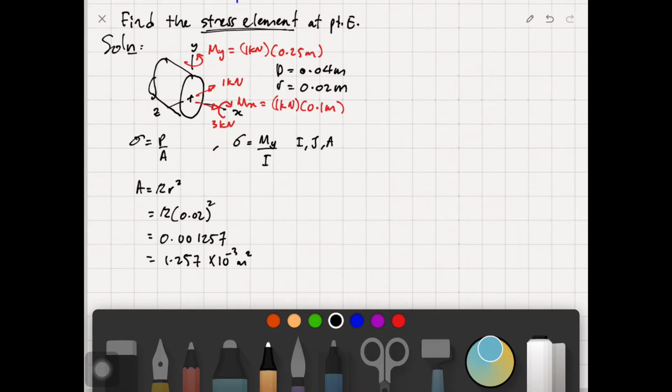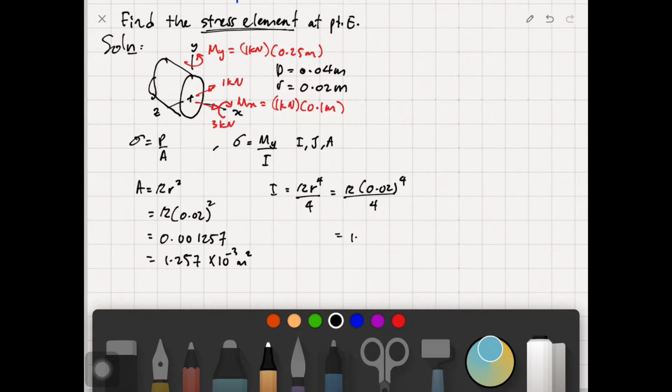And for My over I, I'm going to need I. What is the formula for I? It is pi r to the power of 4 over 4. Then solve this: pi times 0.02 to the power of 4 over 4. Just plug it in and hit your calculator.